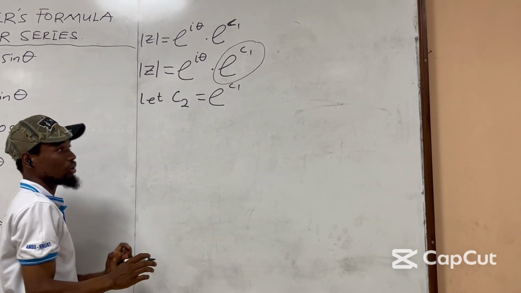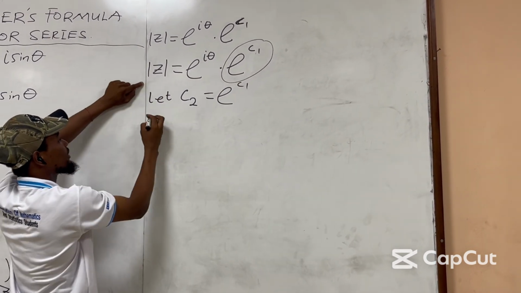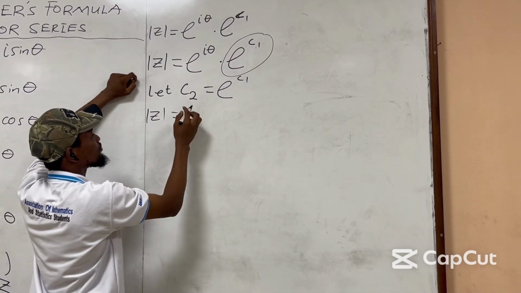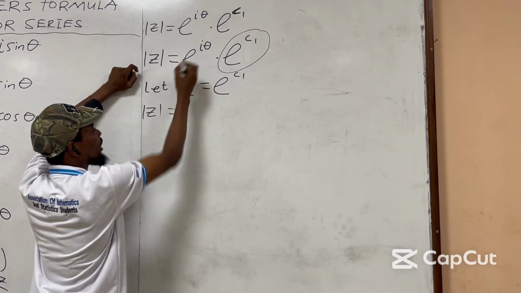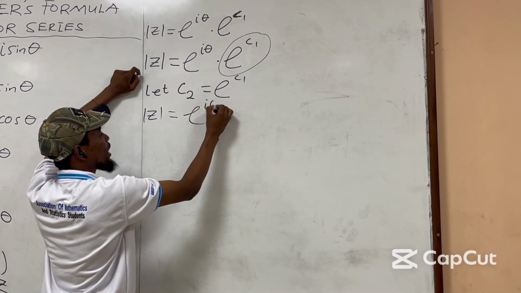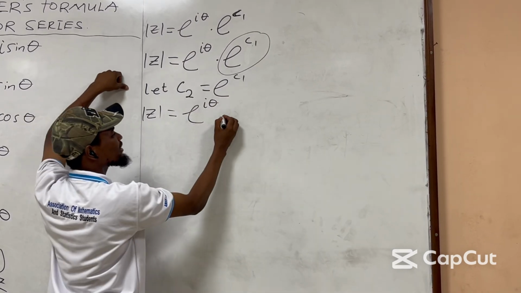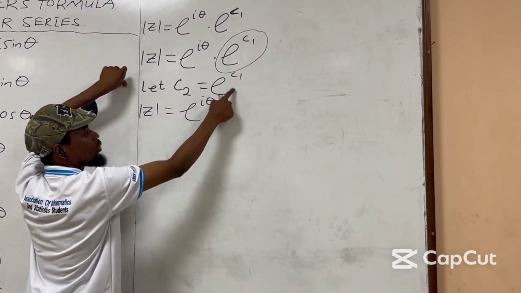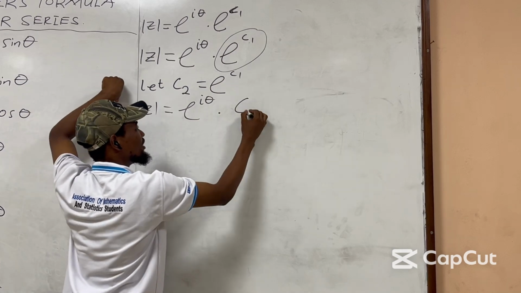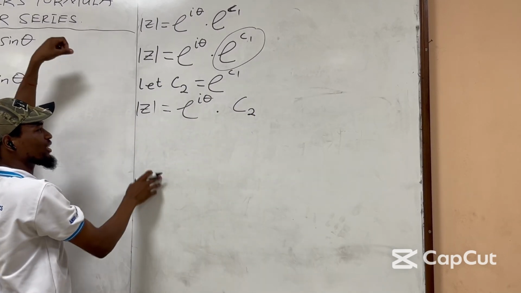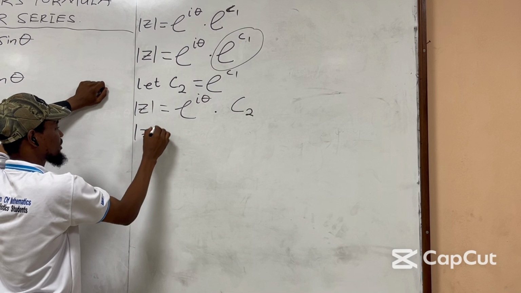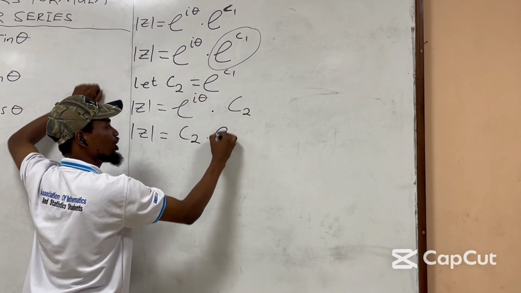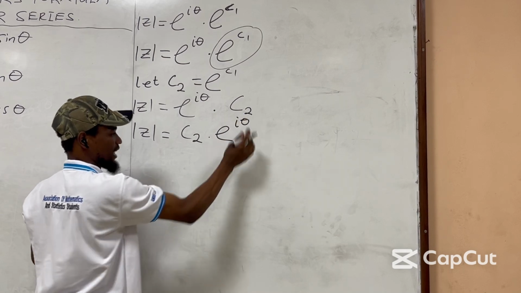So I can say that the absolute value of z is equal to e to the power i theta times e to the power c1, but e to the power c1 is the same as what? c2. So this is the same as c2 times e to the power i theta.